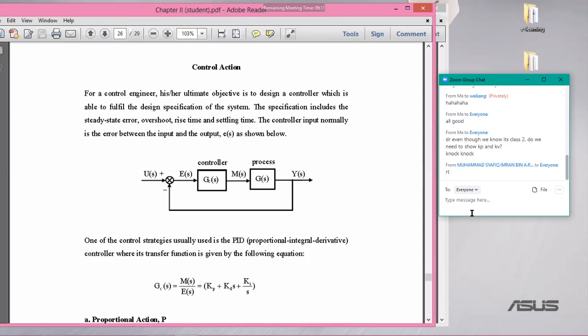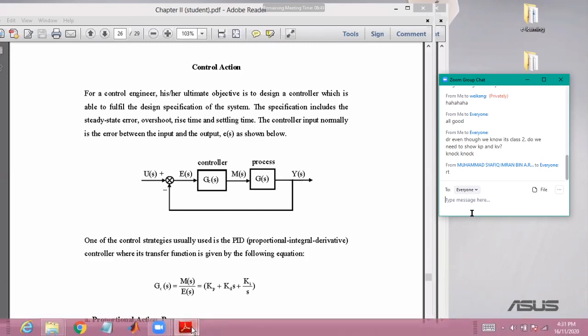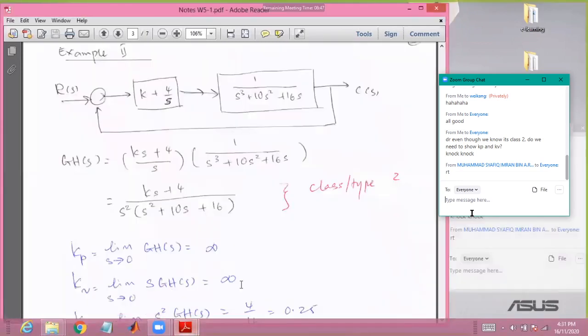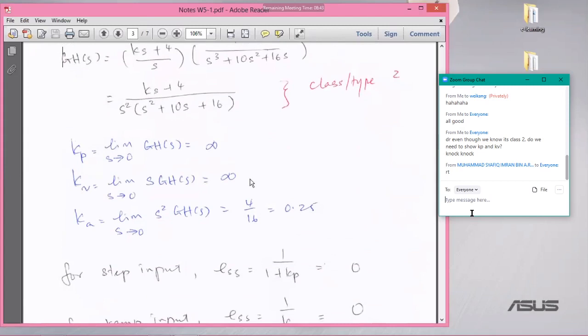Doctor, even though we know that it is class 2, do we need to show Kp and Kv? No. It depends on the question. If the question asks you to compute Kp and Kv, then of course you need to calculate Kp and Kv. So in this example, we cover everything, all possibilities, all types of input.